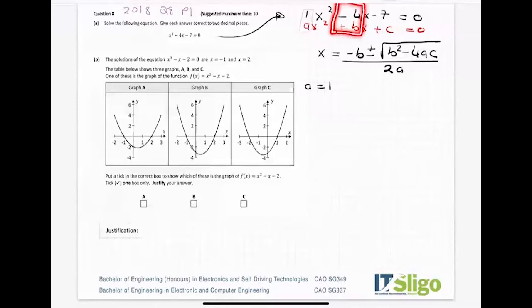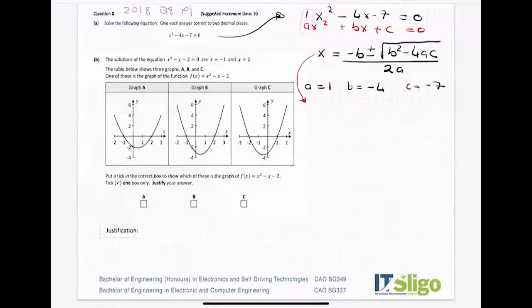I'm not putting in the x squared or the x's, just the numbers, and you have to take the sign with it. b is minus 4. And c is the number on its own, and again, you have to take the sign with it. There's no x squared written there, I just know a is the number in front of x squared. There's no x here, so b is the number in front of x, and then c. And you sub them into this formula here.